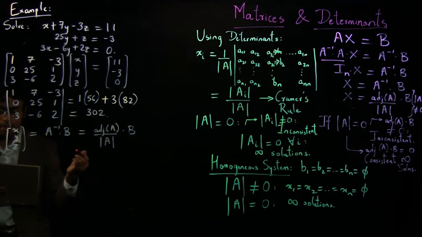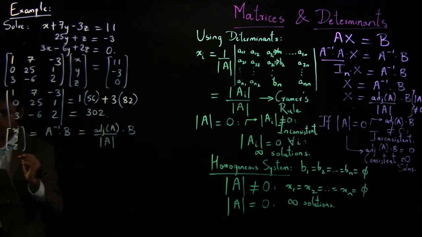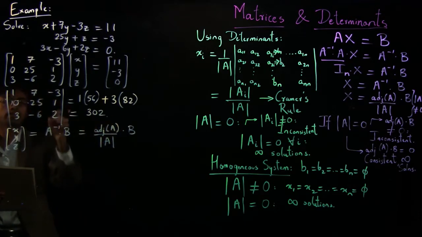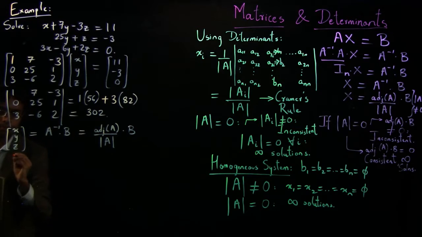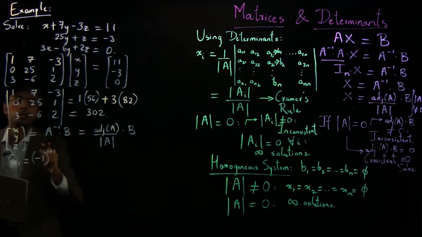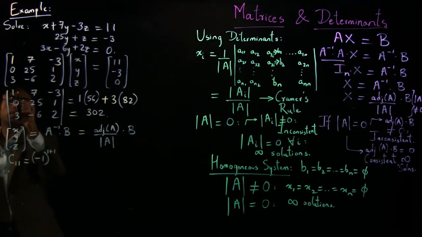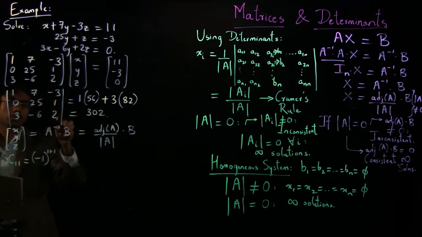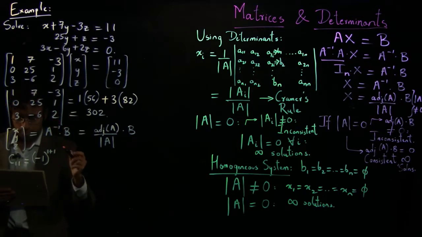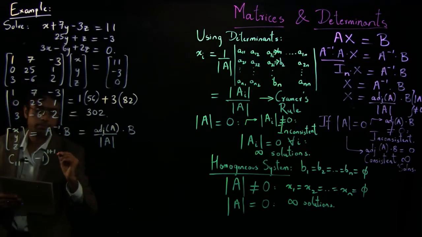And for calculating the adjoint, you need to find out the cofactors of each element of A. And so let's take an example to recall. C11 is minus 1 to the power i plus j, so 1 plus 1, and then you block this off, so 50 minus 6, so 56.